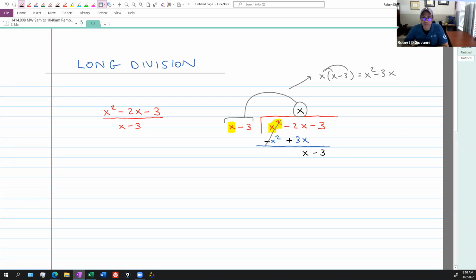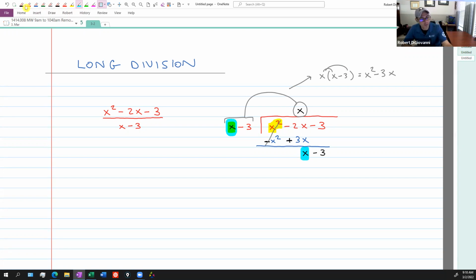Now what? We repeat the process. That means we look at this x again and ask ourselves, what do we multiply it by to get just the first term of what we have down here, x? So what do we multiply x by to get x? 1.